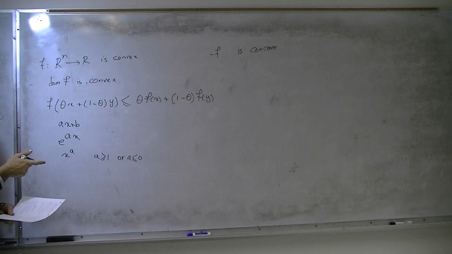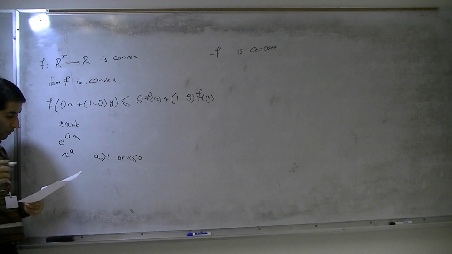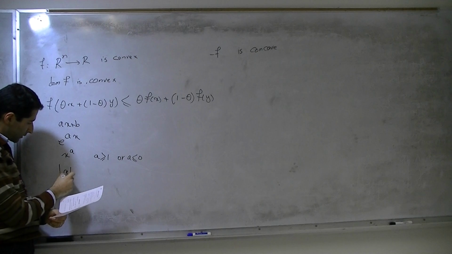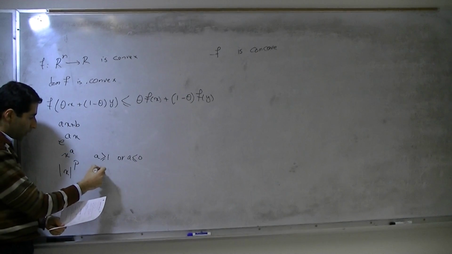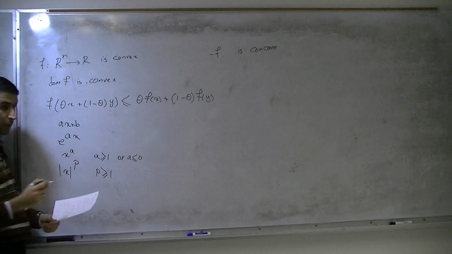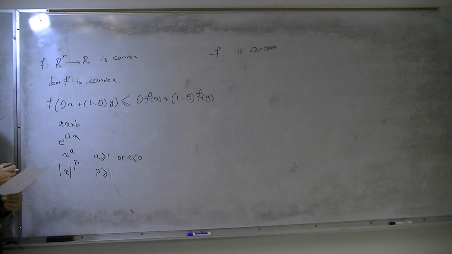Absolute power: the power of the absolute value of x, for p bigger than 1, is convex. Sorry, it's a power of the absolute value.